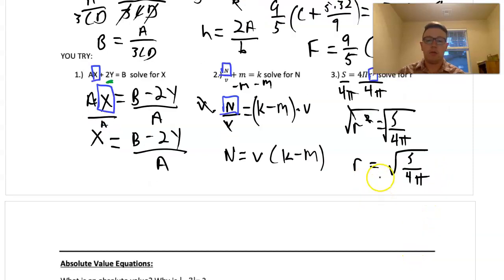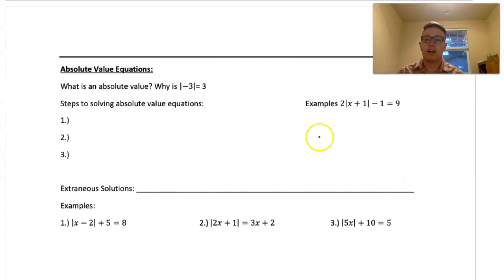All right, one last topic for the day, which are absolute values and absolute value equations. So, as a refresher, what's an absolute value? Why is it that we say that the absolute value of negative 3 is equal to 3? This is because absolute values are distance.